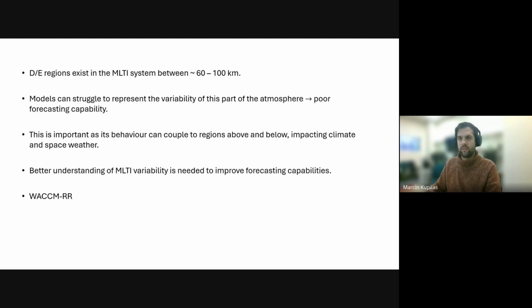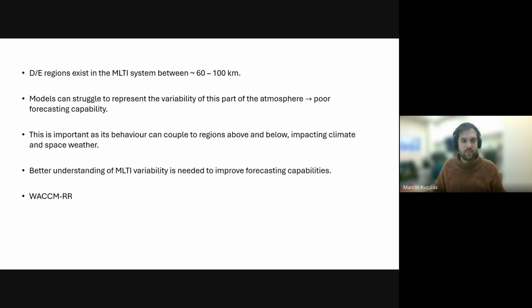And just to give a little bit of background, the D and E regions exist in the mesosphere, lower thermosphere, and ionosphere system, roughly between 60 to 100 kilometers. And this part of the atmosphere has historically been struggling to be represented by models, which means various things. And one of them is poor forecasting capability.